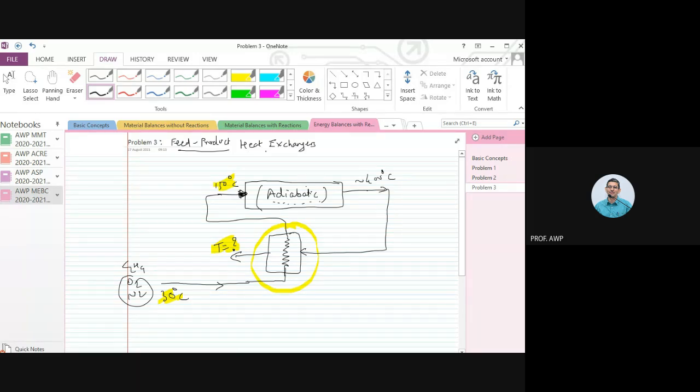So you don't have to use any additional heating medium, any additional cooling medium. It's a very, very common thing to do in chemical plants. Obviously, it's a continuous process. Otherwise, I would have to store this gas. Storing a gas is not possible. It's a continuous process operating at steady state.